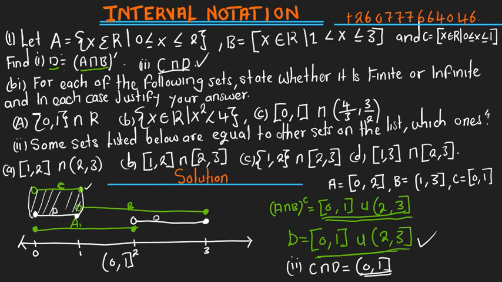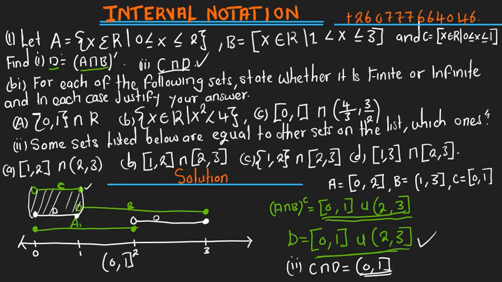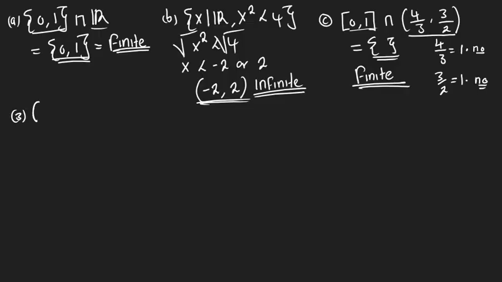The third question is saying some sets listed below are equal to other sets on the list. Which ones? Okay, so let's name them. The first one is this set. This one is very simple actually, you just need to plot it.